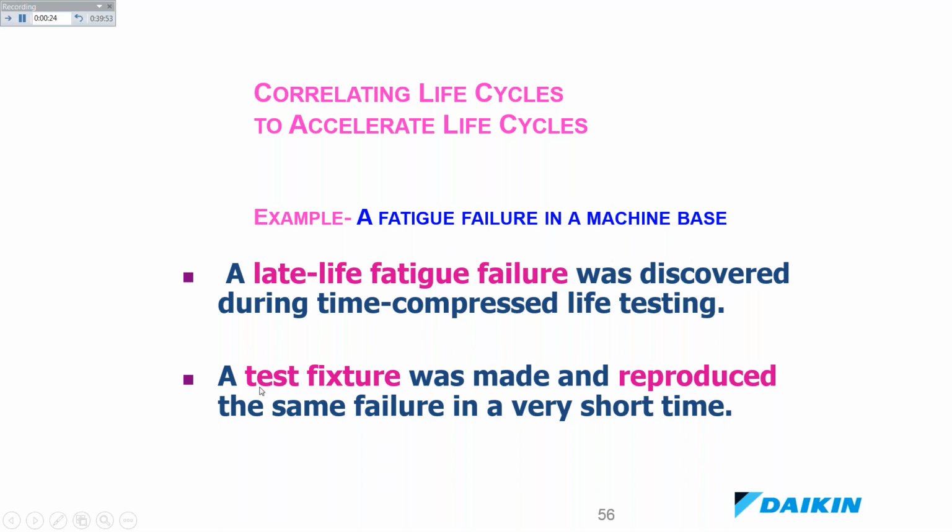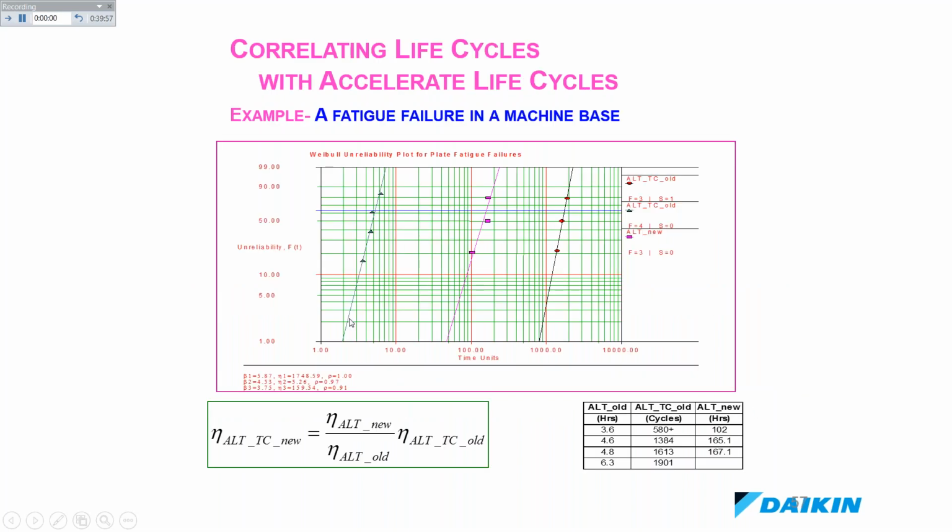The test fixture is number of revolutions. So this is the field failure we got. And here's the fixture test we made. So I have a transfer factor, different time units, washing cycles, and this is a number of revolutions.